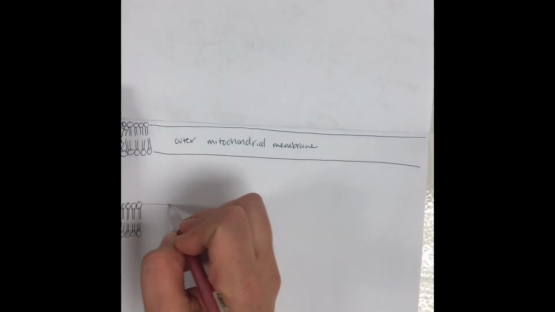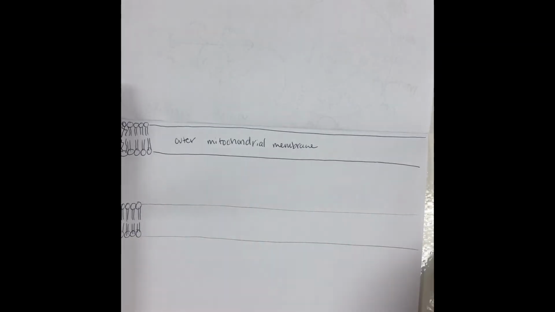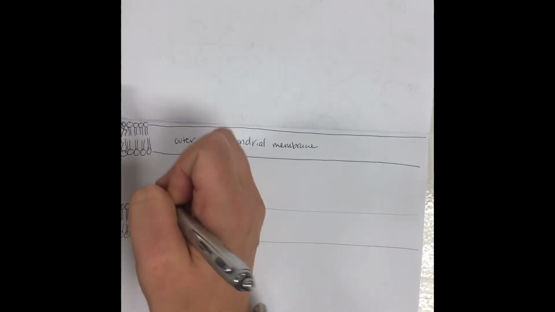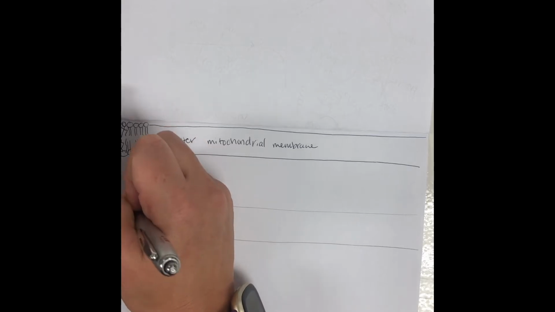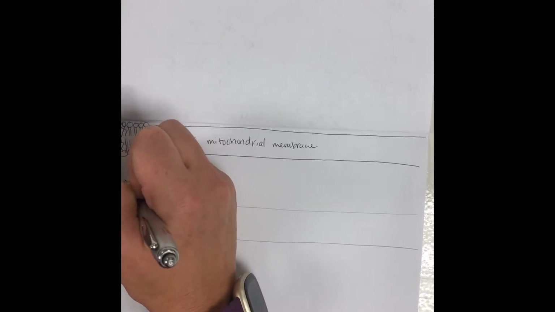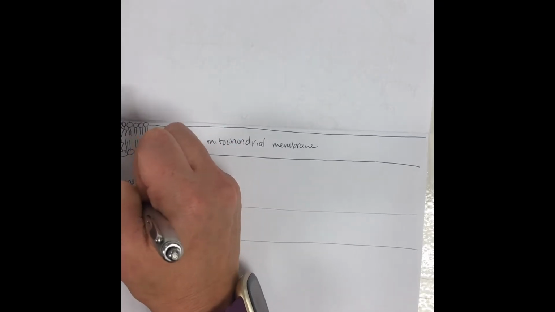So I'm just going to draw my lines across in pencil, okay? I'm going to label this as the inner. I'm going to label it here. Inner mitochondrial membrane.